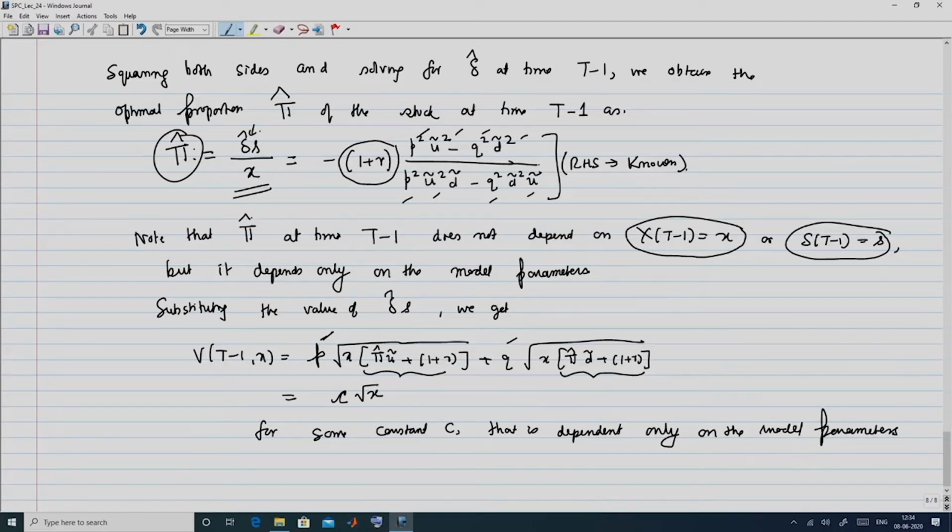That means, it depends on p, q and this pi hat u tilde, these are known, 1 plus r. Remember, pi hat is only dependent on the model parameters. So, by the same logic, this term is also just dependent on the model parameters. So, this means that you started off with v of t of x as being square root of x, and now you have v of t minus 1 of x is going to be c into square root of x.